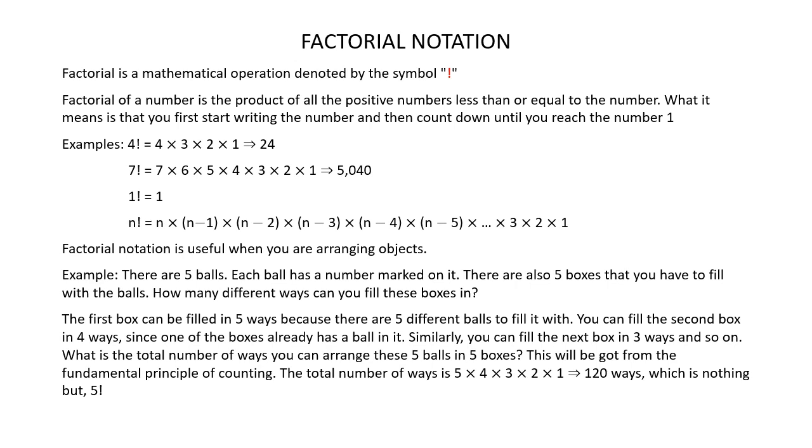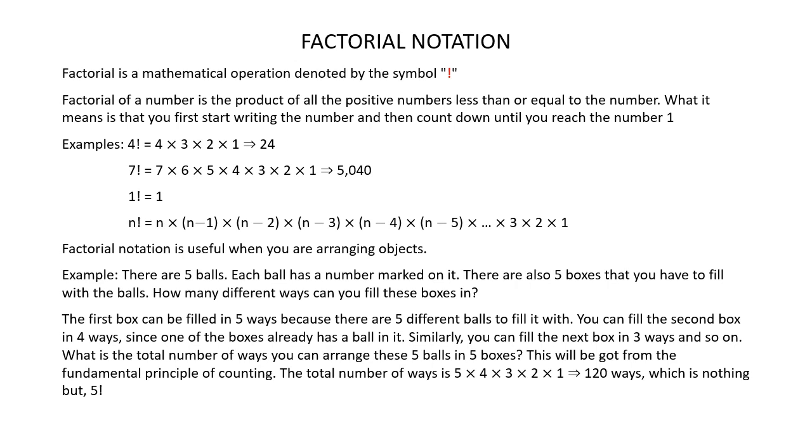Now, the first box can be filled in 5 ways because there are 5 different balls to fill it with. So the first box can be filled in 5 ways because you have 5 balls and you have a choice of selecting 1 ball from these 5 balls.